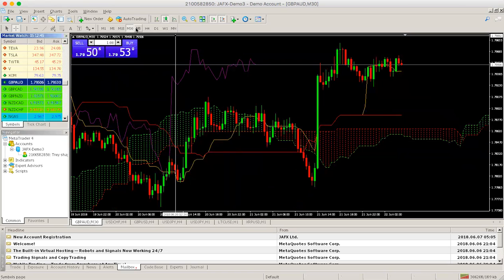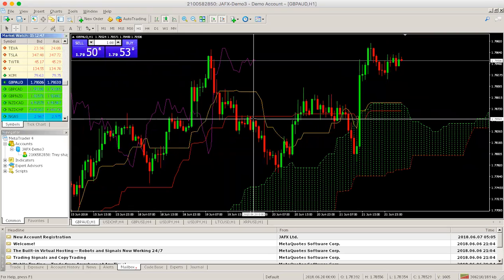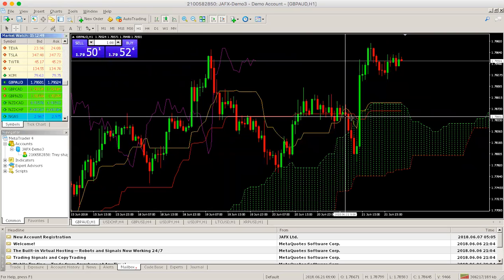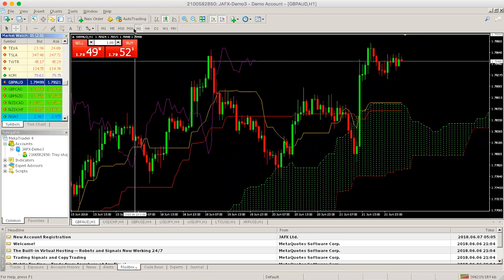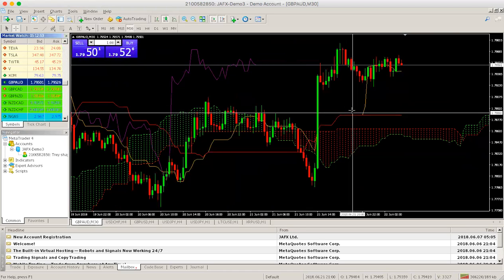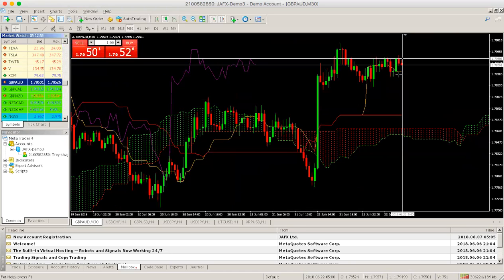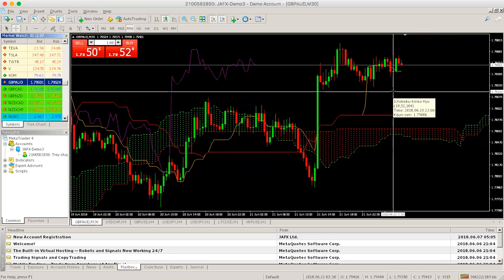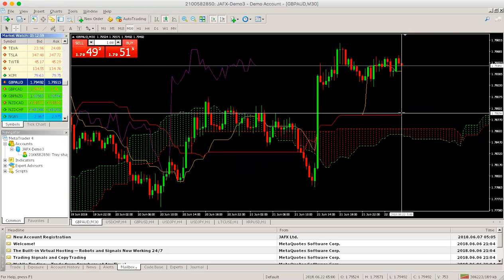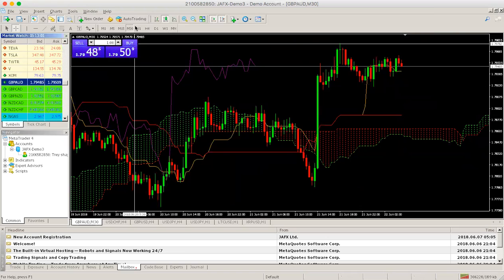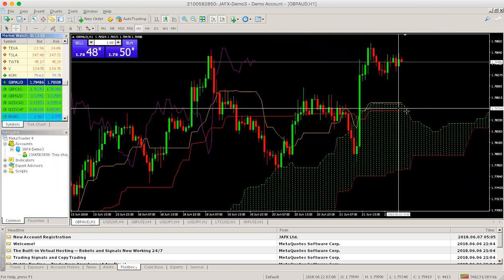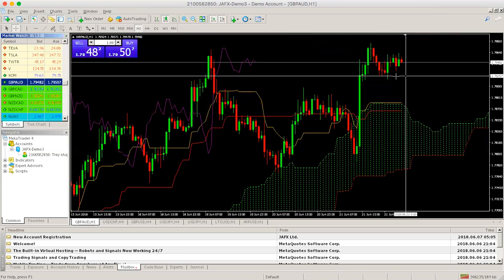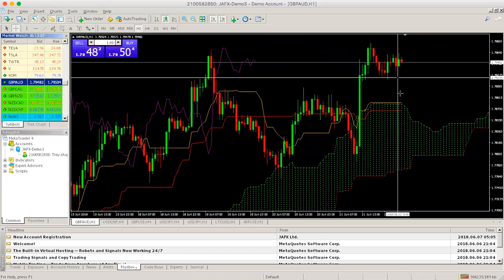Great Britain Australian could definitely be a buy. We see a TK. It's in the cloud right here, but it's okay, because on the minute and 30 is right here. But we want the red line pointing up, but this is really too far away from price. So we definitely want the red line pointing up on the minute and 30, and on the hour. But like I say, this is too far away from price.